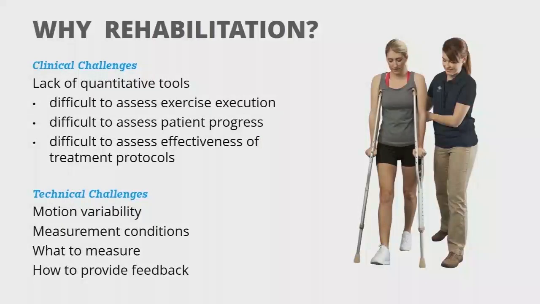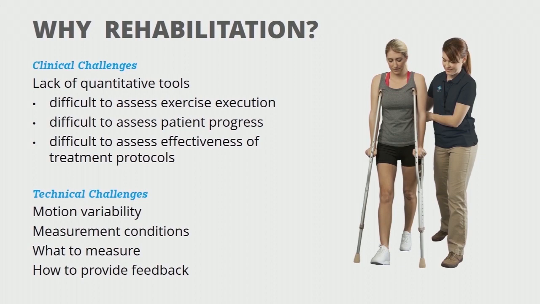So why is there a need for human motion measurement analysis tools in rehabilitation? Current clinical practice in rehabilitation does not typically rely on any quantitative measurement tools. Typically, a therapist will assess the patient's current condition, recommend an exercise protocol, and then may personally and hands-on assist with treatment.